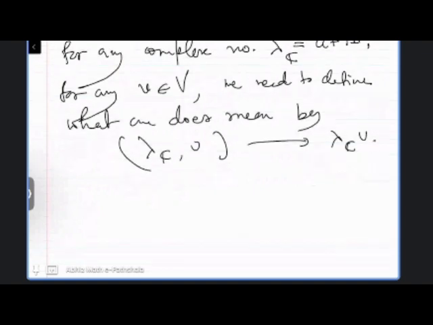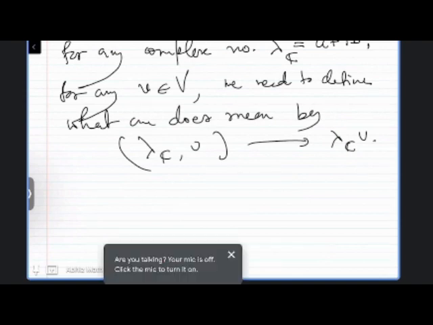That is our requirement: to define the scalar multiplication of the vectors of the real vector space V by means of complex numbers. If we can do that, then we benefit because we are enlarging the field from the real field to the complex field.